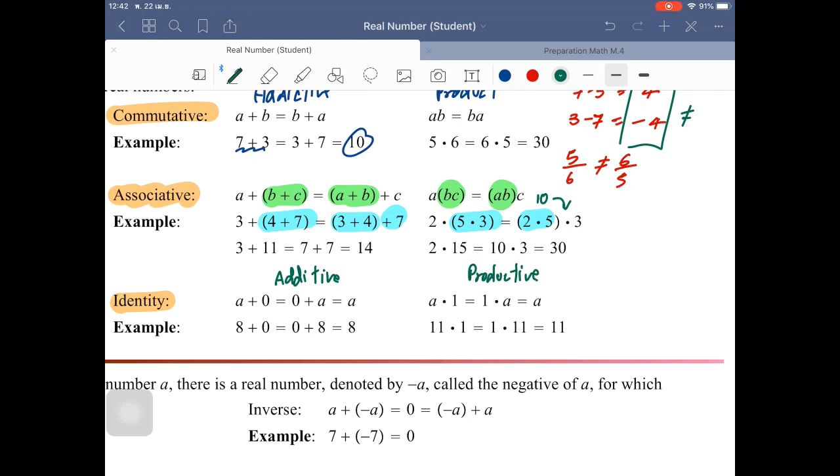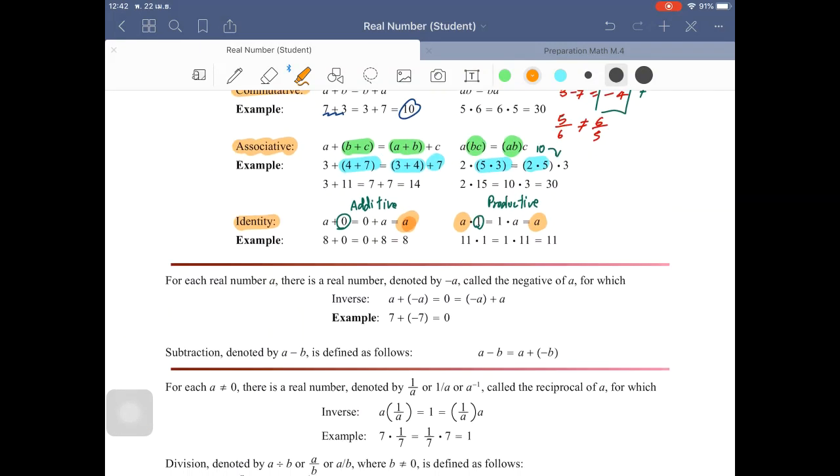Additive property means any real number plus 0, you will get itself. How about productive? Any real number times 1, you will get exactly itself. That is identity, okay?